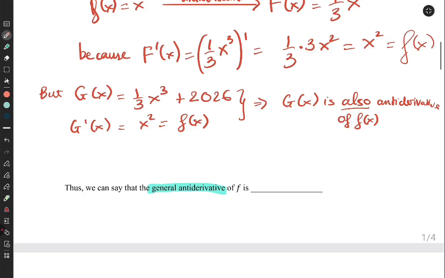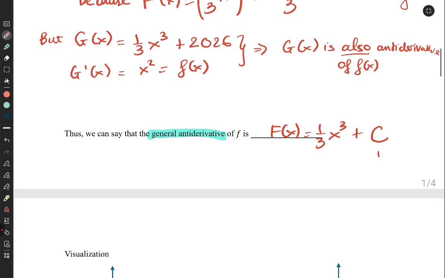And instead of writing every constant the human can think of, think of that, f equal 1 over 3 x cubed. Instead of writing 1, 2, 3, 4, 5, instead of listing them all out, C. C for constant.